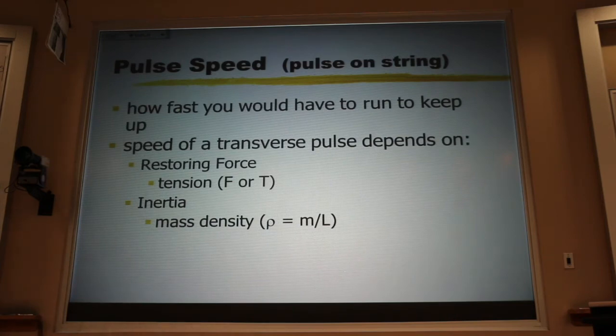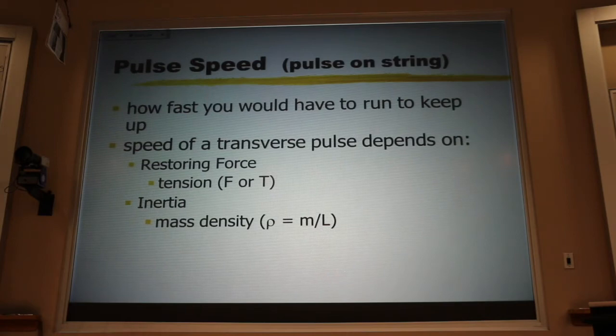Now, if you're talking about a football player, you can talk about the mass of that football player. It's a unit. But if you have something like a rope or a spring, talking about the mass of the whole spring doesn't really give you the information you need.